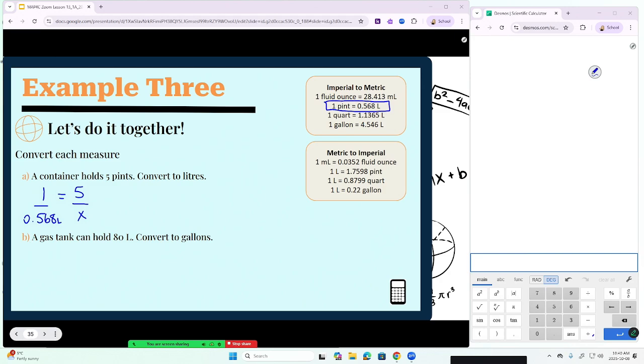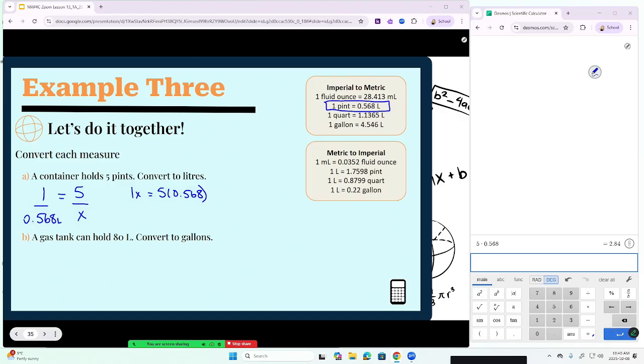And then we just cross multiply. So 1 times x is 1x. 5 times 0.568. We're going to calculate what is 5 times 0.568.